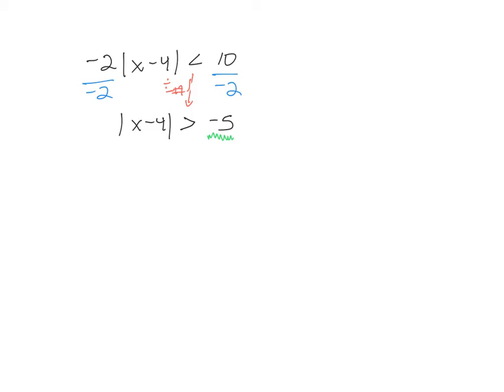Okay, so remember that at the end, absolute value is always positive. So if I plug in a number for x and I do -4, whatever number I want, whatever the answer is, if it's negative, I have to make it positive. If it's positive, then it just stays positive.